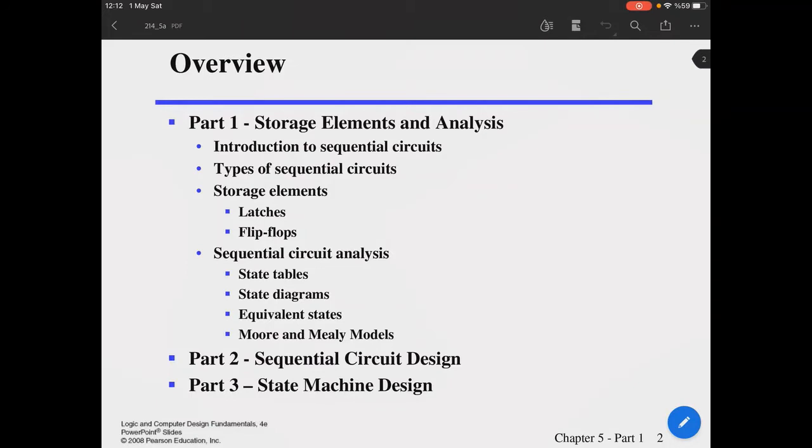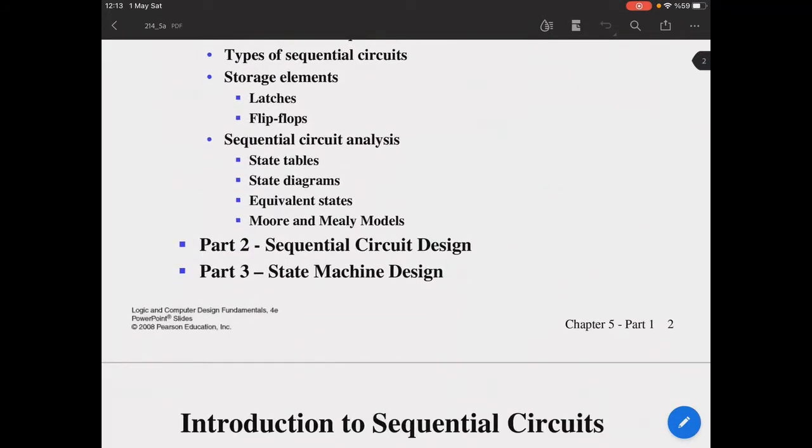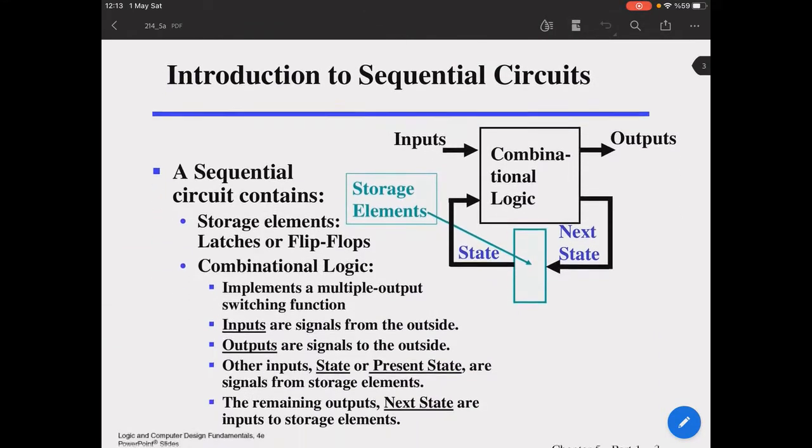Then you will see some basic storage elements, latches and flip-flops namely, and then we will try to understand how to do the sequential circuit analysis, namely the state tables, state diagrams, and the concept of equivalent states, and the Moore and Mealy models for our analysis of sequential circuits.